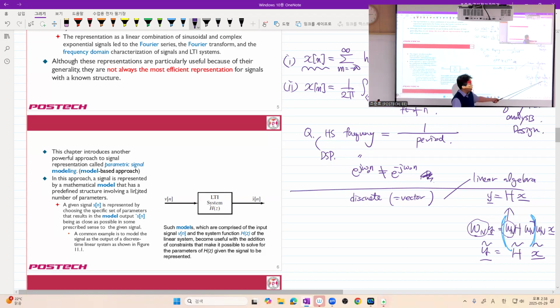A similarity transformed version of H. And if H is circulant, then you have a diagonal matrix here. So again, in linear algebra, the Fourier basis for this discrete Fourier transform is very, very important.